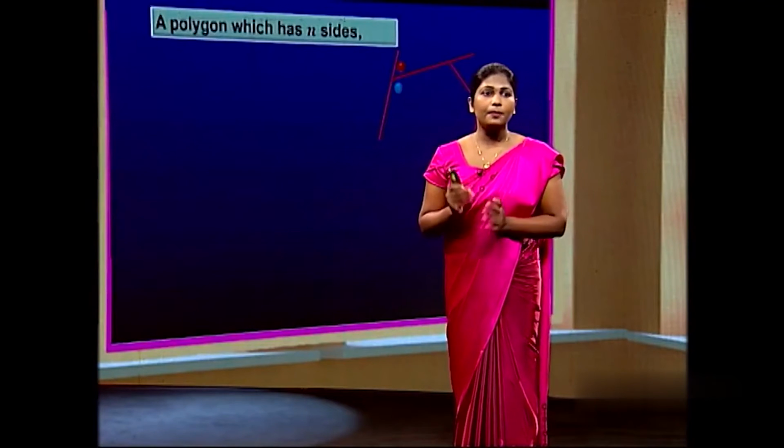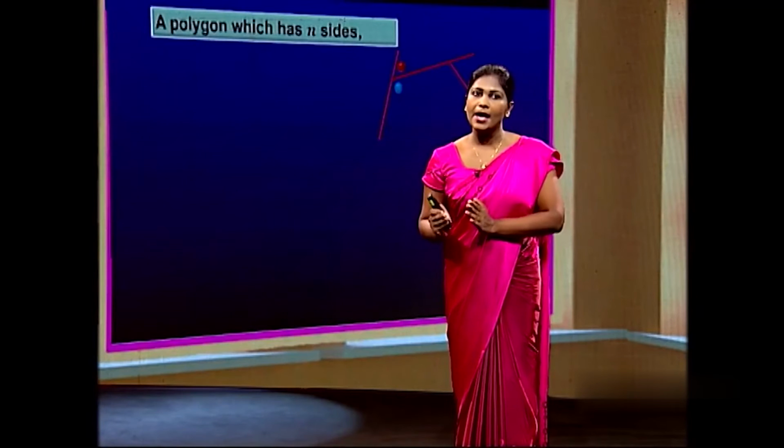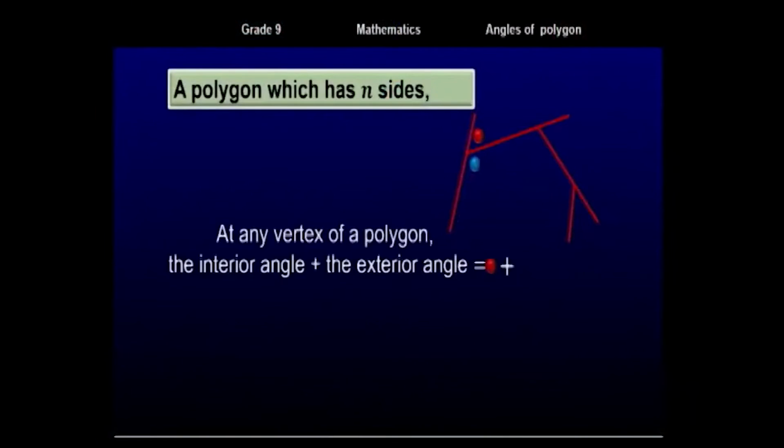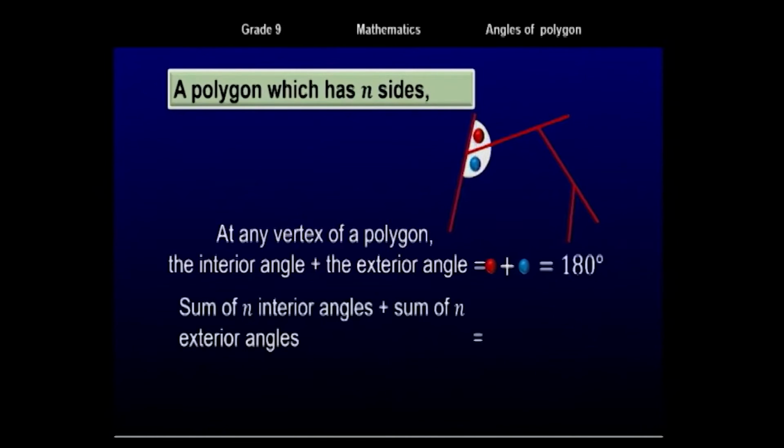Now remember, a polygon which has n sides. At any vertex of a polygon, the interior angle plus the exterior angle equals 180. When we consider the polygon which has n sides, the sum of n interior angles plus the sum of n exterior angles equals 180 into n.